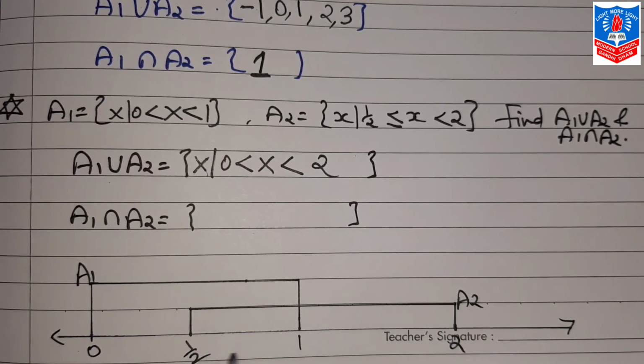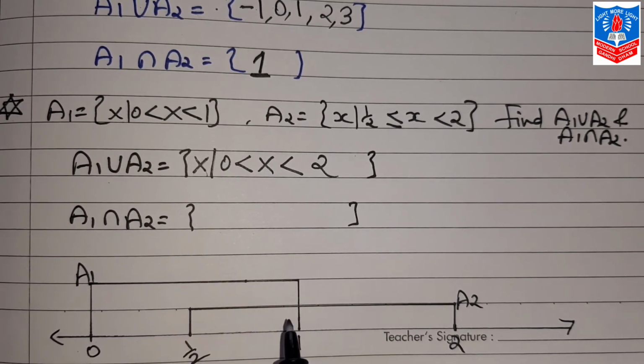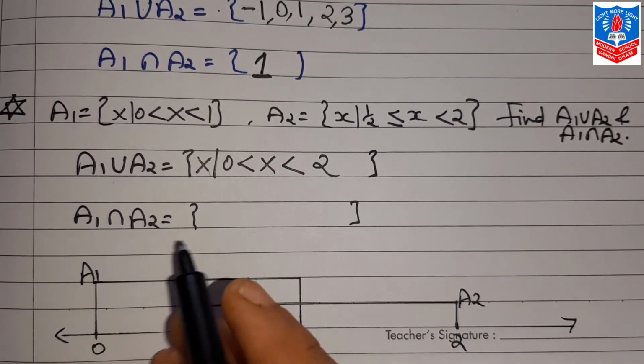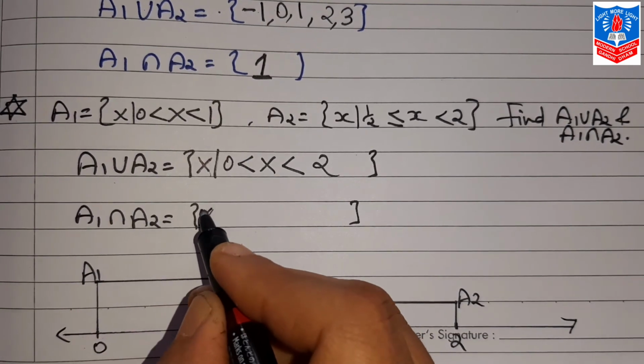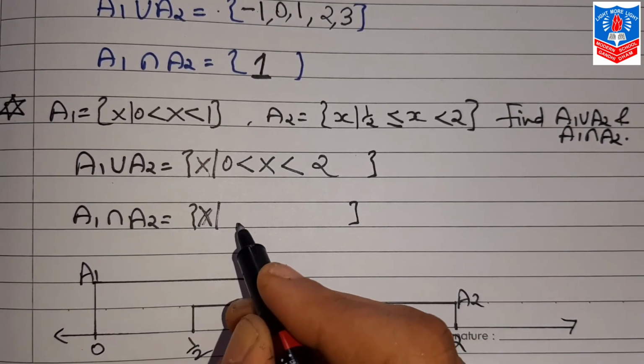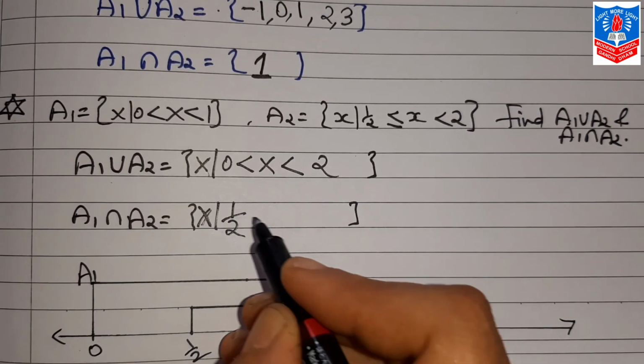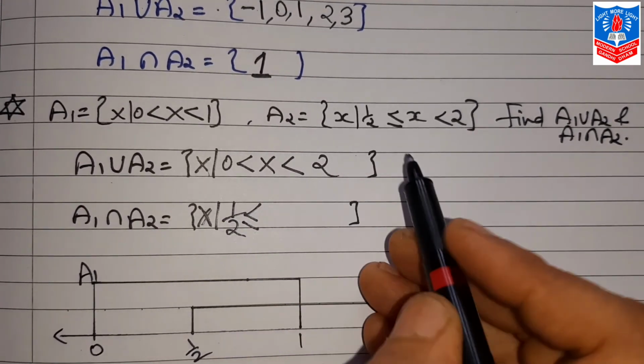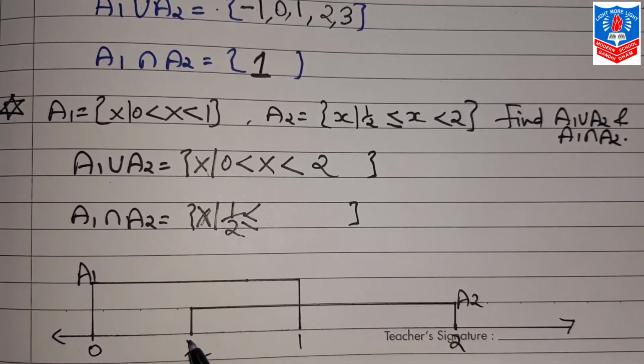From this diagram, we can see very easily. You can see half and 1. These two are of A1 as well as A2. So the A1 intersection A2 is this area only, that is from half, but again this is less than or equal to, because this half also is included.